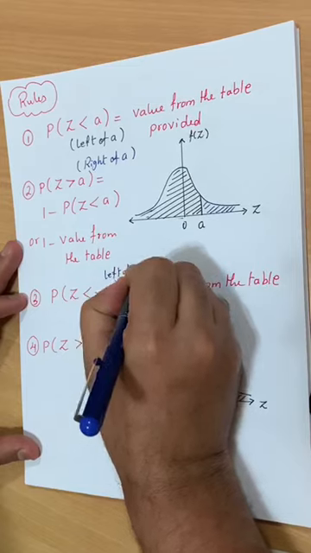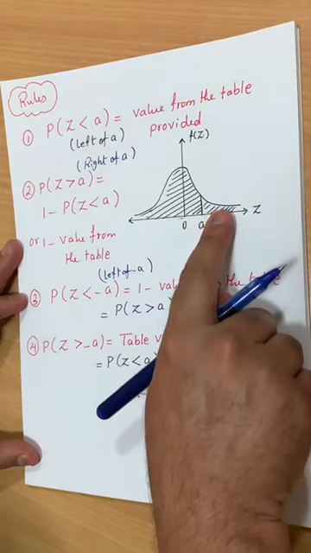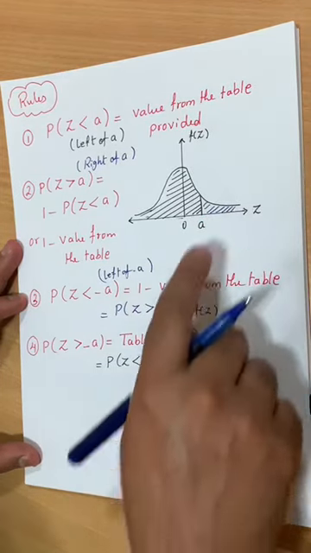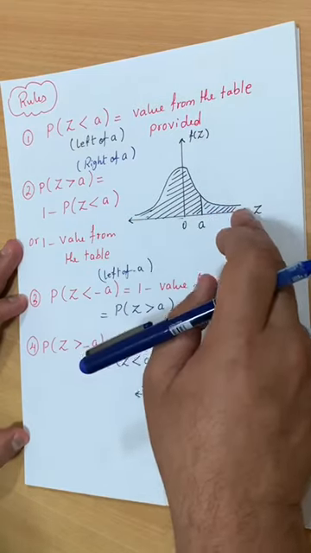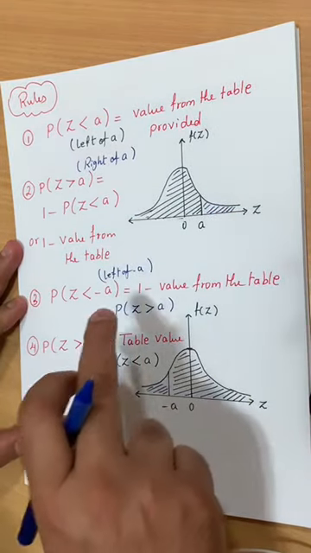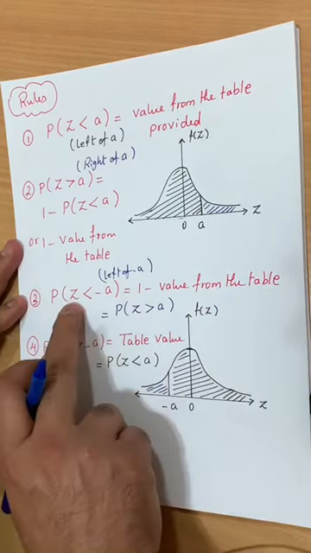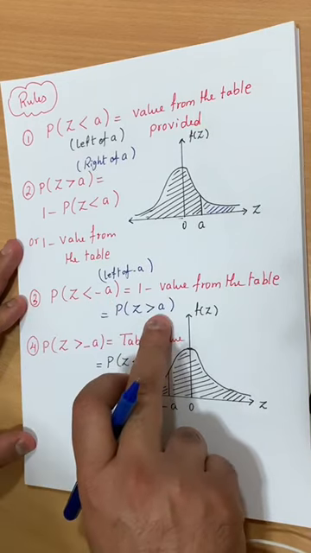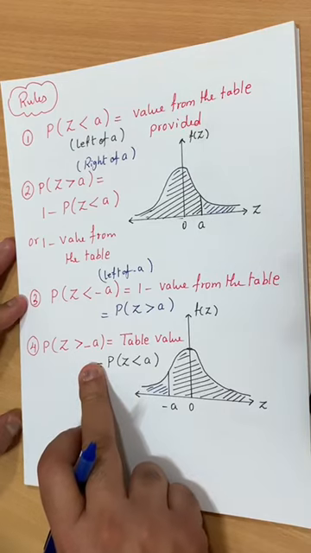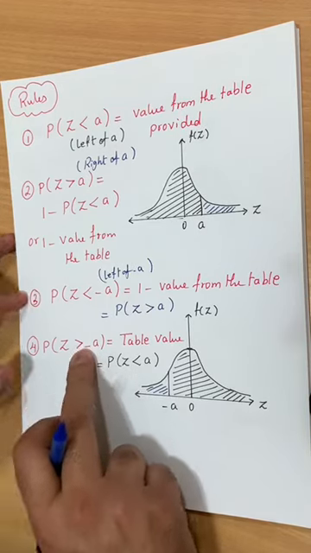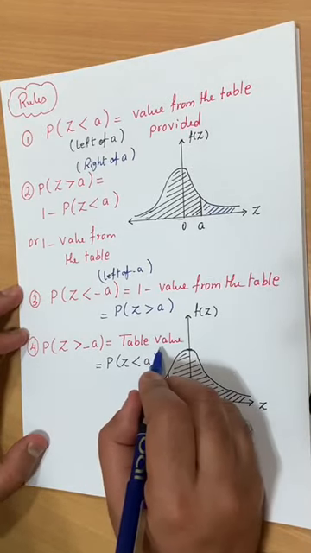Left of negative a is the same as right of positive a. See, they have the same colors. So right of positive is the same as left of negative. So you're supposed to do 1 minus the value from the table. Z less than negative a is the same as z more than a. And z more than negative a, the right of negative, is the same as left of positive. So it's the table value.